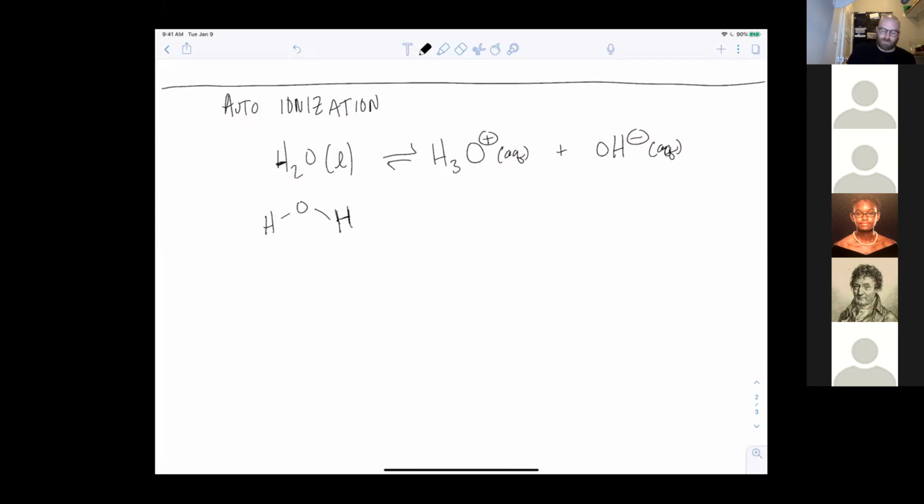Let me write it out, where you've got it all bonded up together, but a very, very small concentration of this will form H3O+ and OH-.